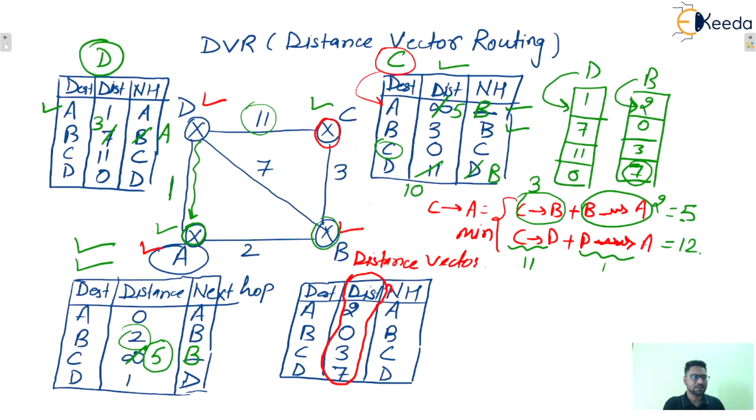So this path will be followed, D to A, then A to C. Here the distance will be 1 plus 5, that is 6, and the next stop will be A only, isn't it? And D to D will be 0.